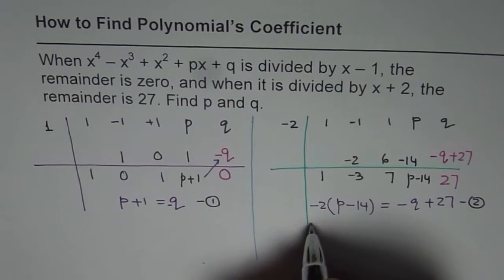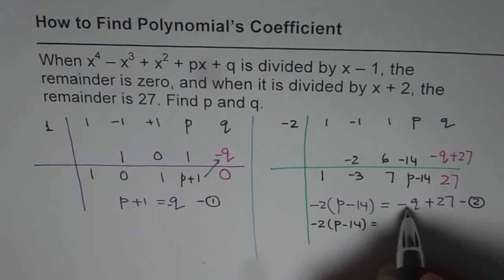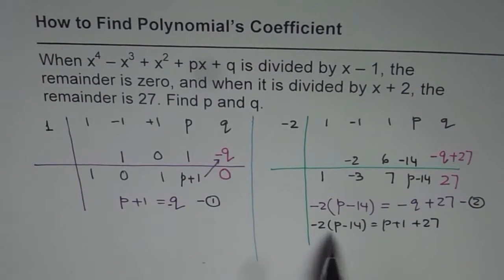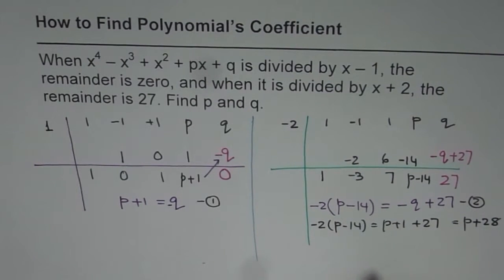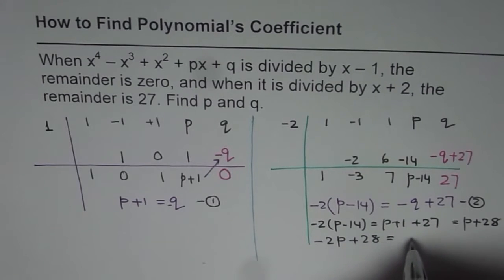So what do we have? We have minus 2 times p minus 14 equals, instead of minus q, p plus 1 plus 27, correct? Now we can solve for p from this equation. So this is p plus 28, correct? So this is minus 2p, and minus makes it plus, plus 28, equals p plus 28.